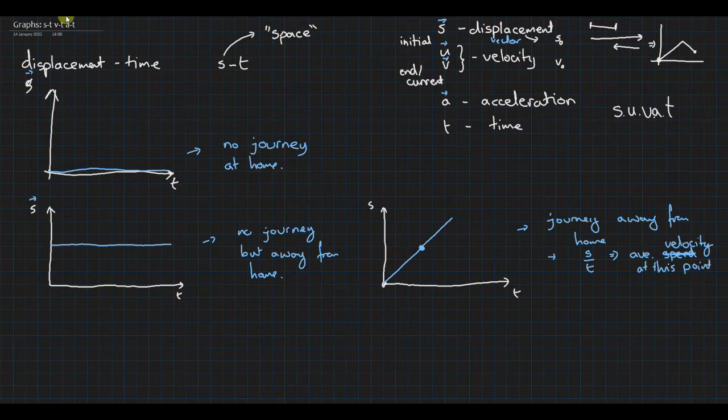Okay. If you do the gradient of the graph there, if you calculate the gradient, it looks like S over T for this version, but this would actually lead to being the velocity at this time.